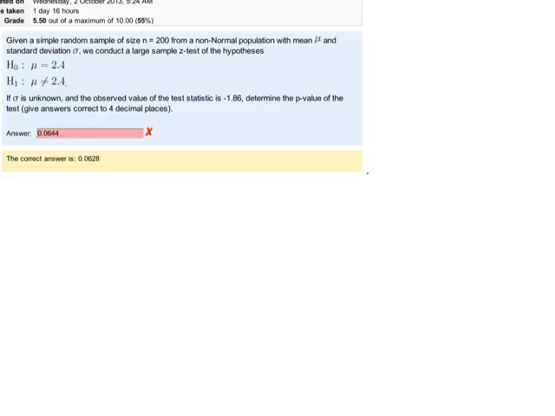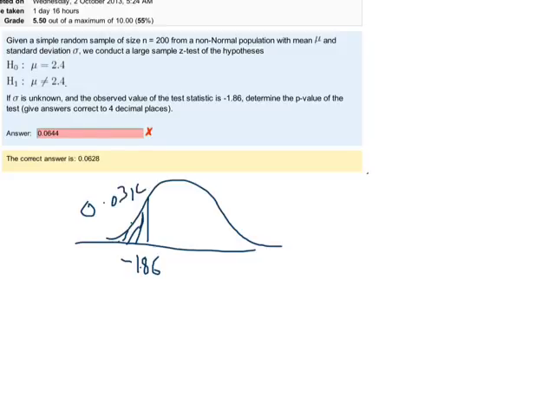So the probability of being less, well, let's just see what that's actually saying. We've got a bell curve like this, and we've plugged in negative 1.86, and the area of that there is the one we've just calculated, 0.0314.